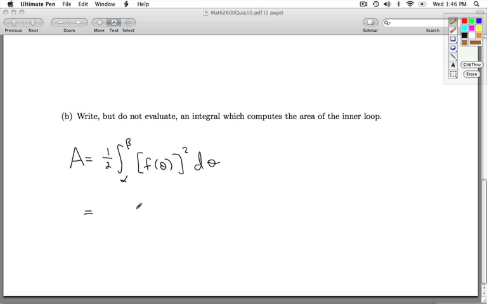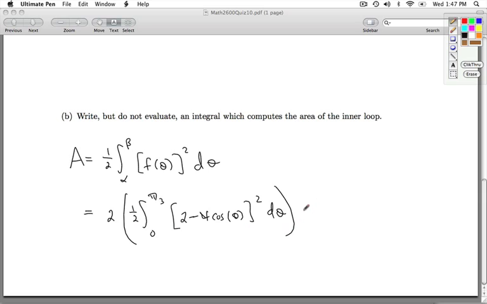So what I'm going to do is take 1/2 the integral from 0 to pi over 3 of 2 minus 4 cosine theta, quantity squared, d theta, and then what I'm going to do is double that. So the integral from 0 to pi over 3 of 2 minus 4 cosine theta squared d theta would then give me the area of the inner loop.